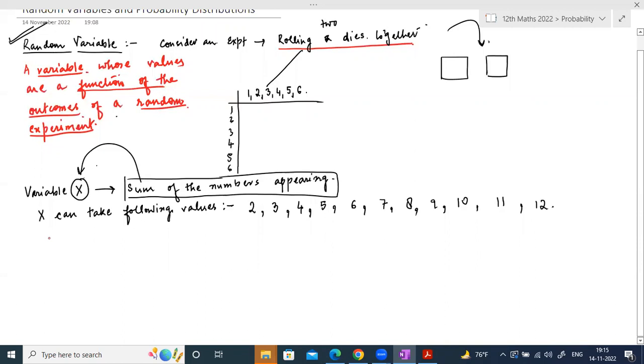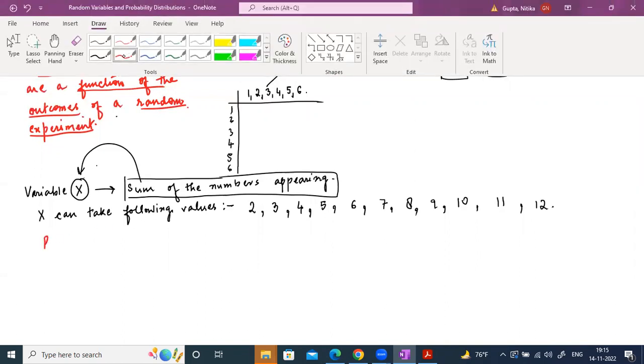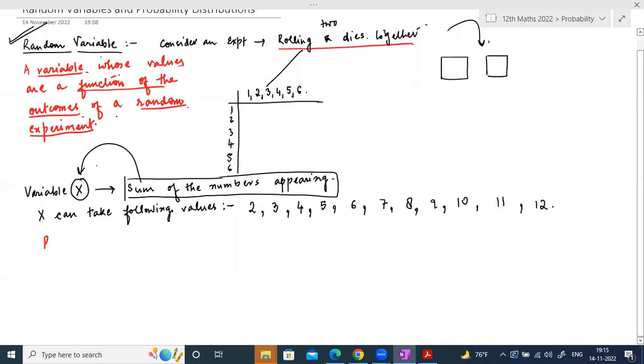Now, what are the probabilities of these values happening? That is the next thing that we need to find. Now, probabilities of events x equals some x, that we need to find, right?